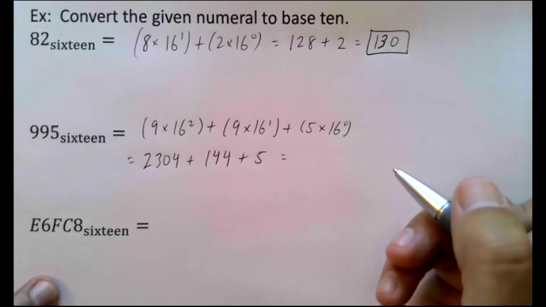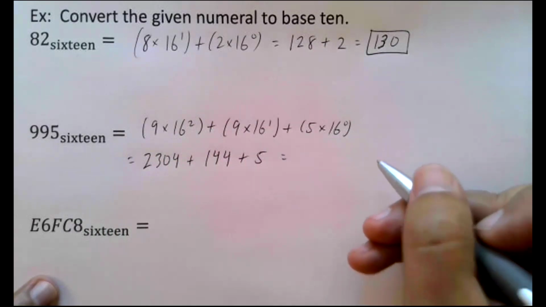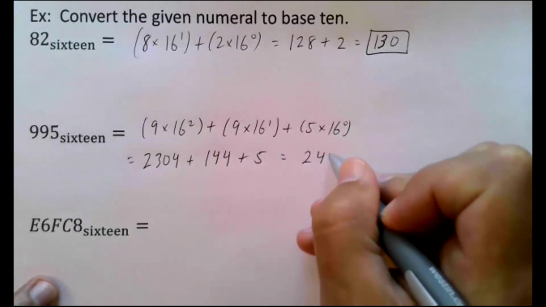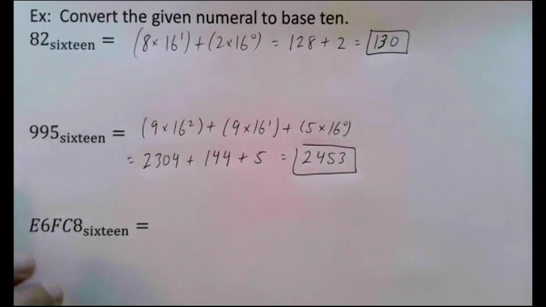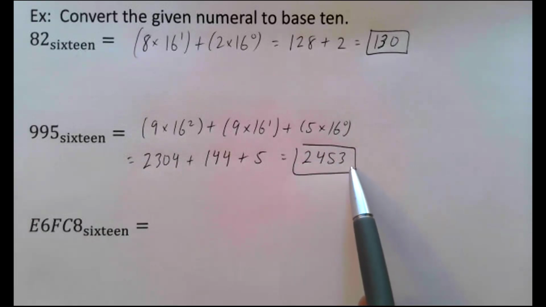And if you add those up, you get 2,453. 995 base 16 is equal to 2,453 in base 10.